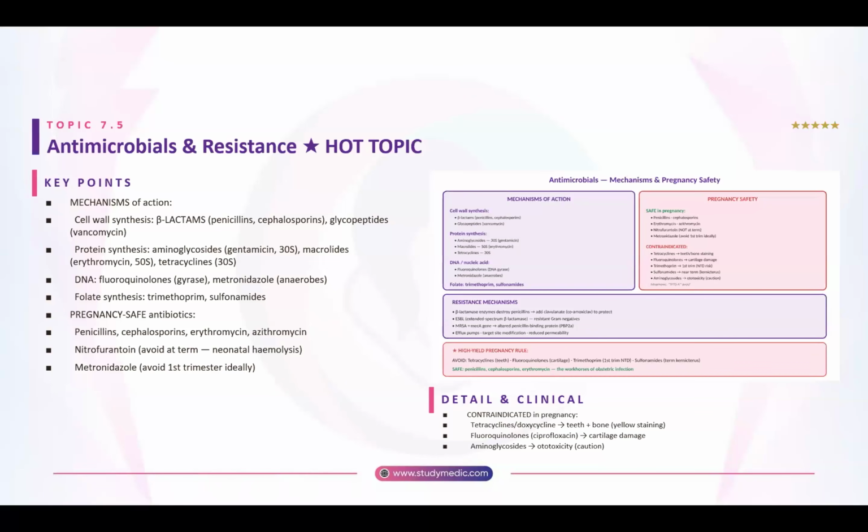Now, antimicrobial resistance as such, if you see, it is a very, very important topic because antimicrobial resistance is on an increase globally. So what are the main key points that you have to remember here?